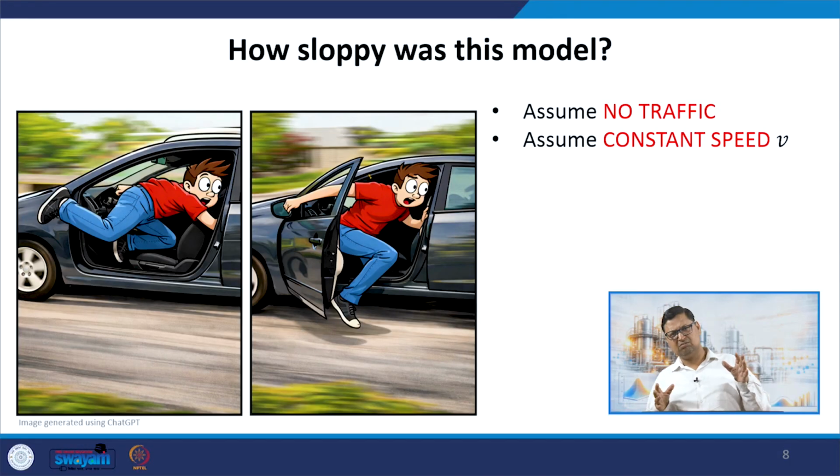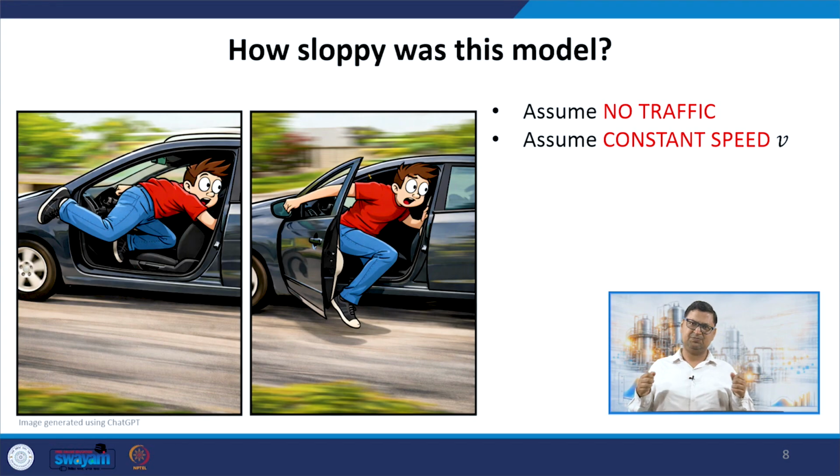Now, I want to take one step further and really start thinking about what is wrong in my model, right. Clearly, there are many things wrong, but what are the most wrong things in our model? In this case, I am assuming that the car is moving with a constant speed from point A to point B, right.